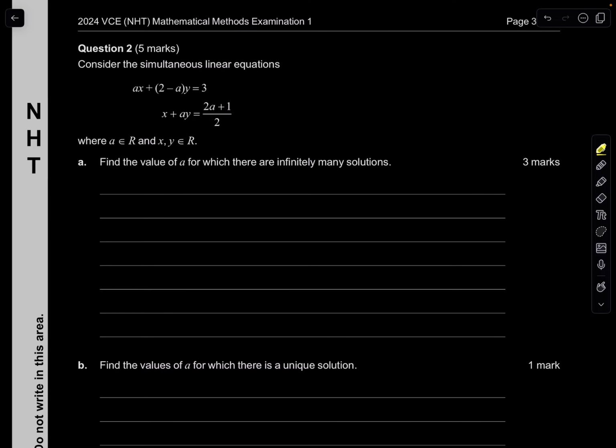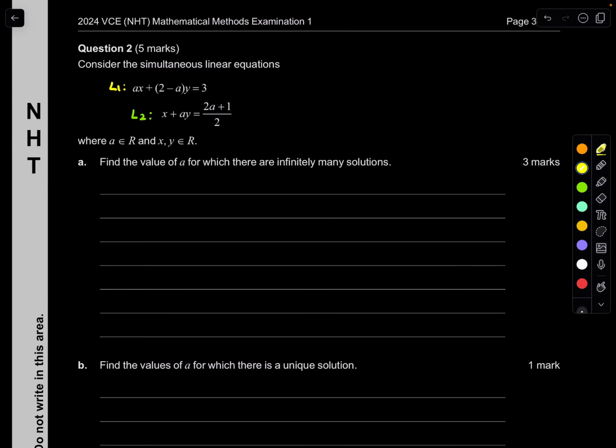Let's consider this as line 1, and this as line 2. Let me do it in different colors to visualize it much easier: L1 in yellow, and L2 in green.